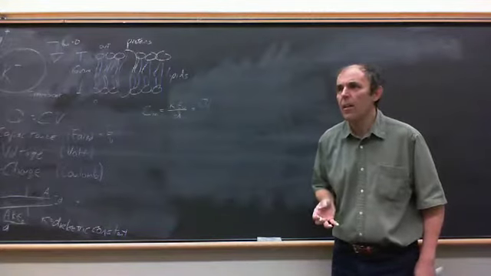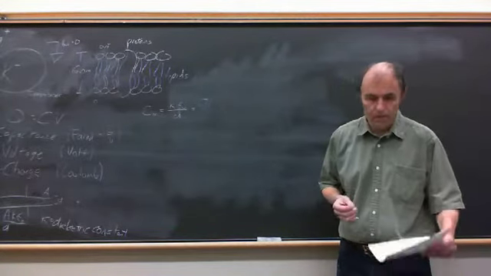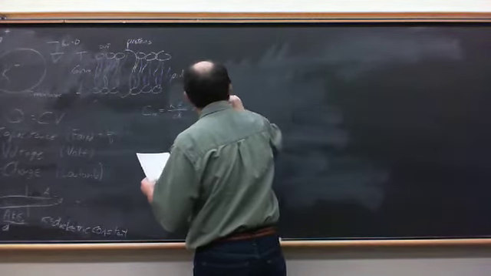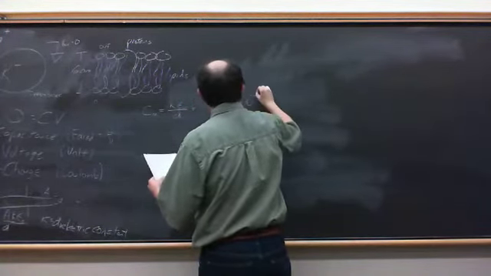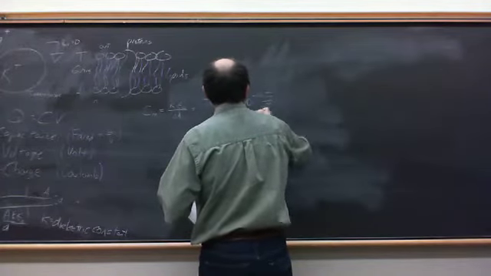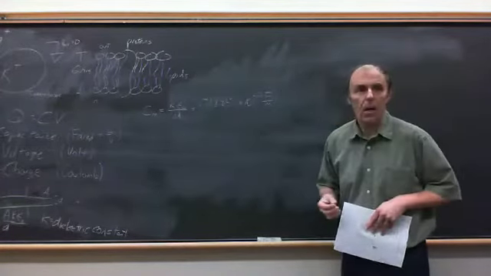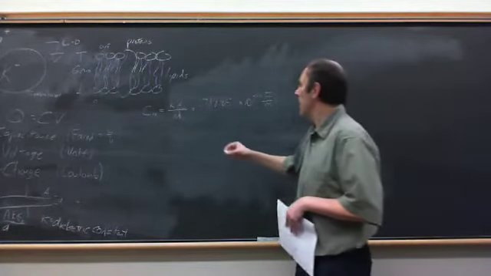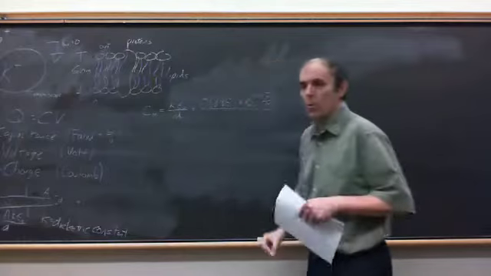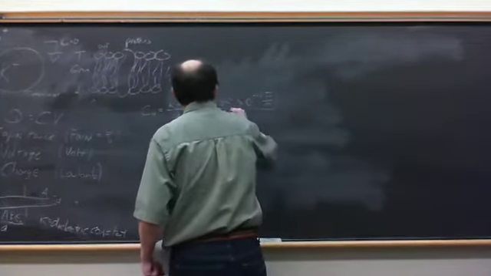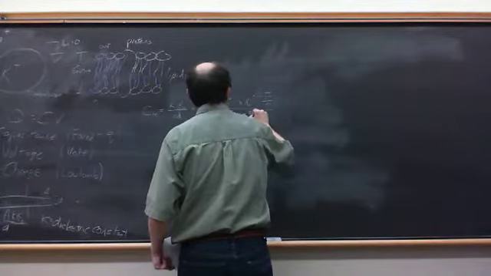Epsilon naught is just a constant from electricity. It's 8.85 times 10 to the minus 12 farads per meter. You can write epsilon naught as number of farads per meter. And D is that thickness, which we said was about 6 nanometers, 6 times 10 to the minus 9 meters.